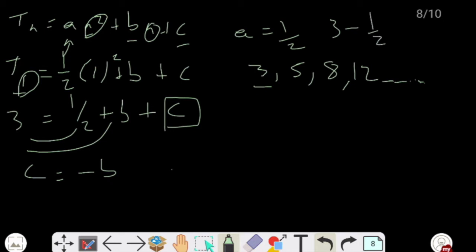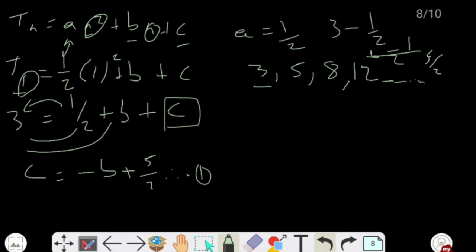Calculate it on the side: if we move the half to the other side it's going to be a negative, so we have 6 minus 1, which is 5 over 2. So c equals minus b plus 5 over 2. I'm going to call this my equation 1.